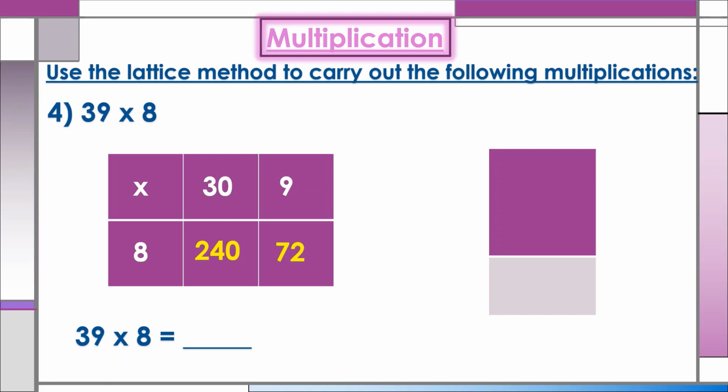Now we add these two numbers. 240, 72, addition sign. 0 plus 2 we get 2, 4 plus 7 we get 11. So 1 is carried forward, 1 is written in tens place. Now 1 plus 2 we get 3. So 39 multiplied by 8, we get 312.